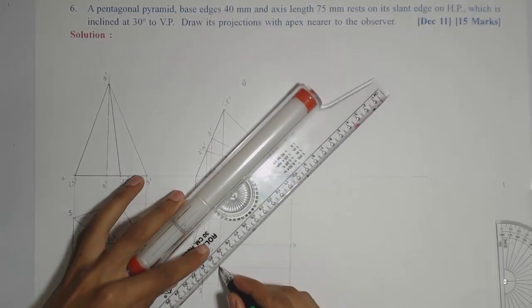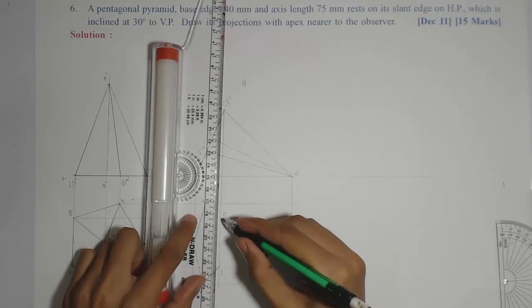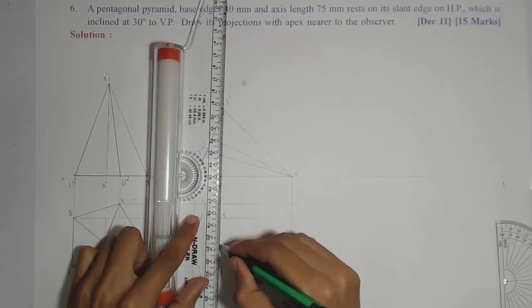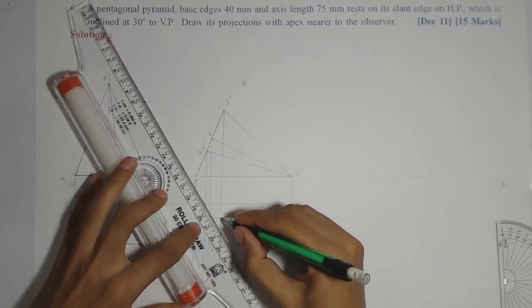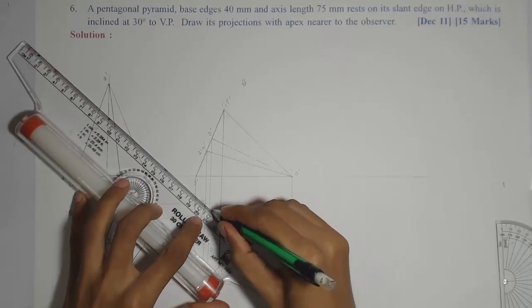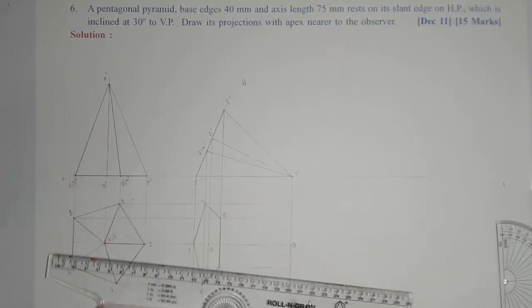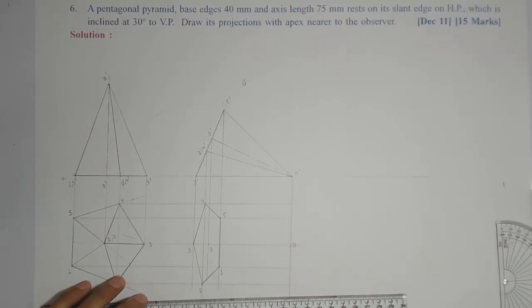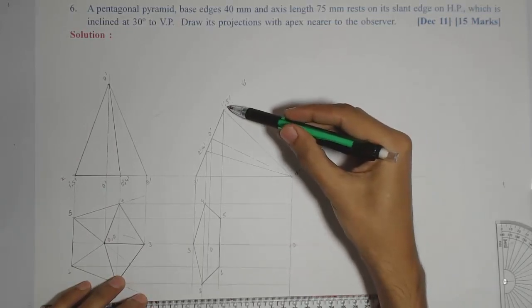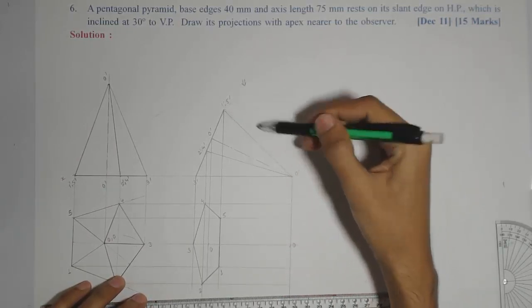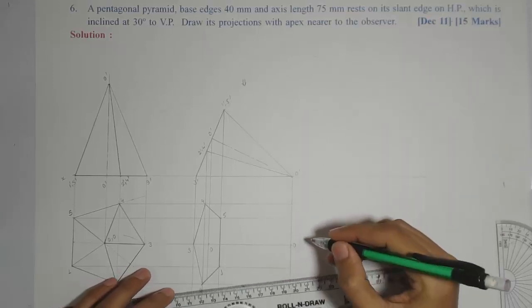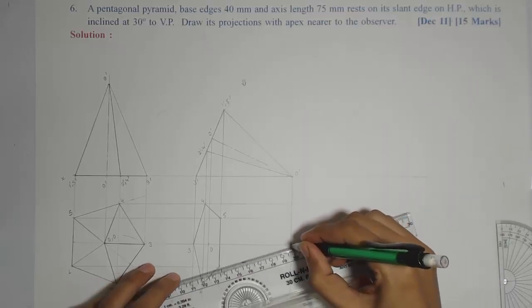So 1, 2, 3, 4, 5 will be dark lines. Now moving to the slant edges, 1 dash 5 dash, that is 1 to O and 5 to O, are nearer to the observer, so those slant edges will be dark.